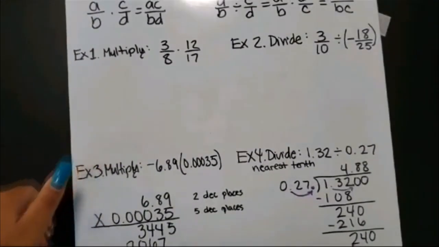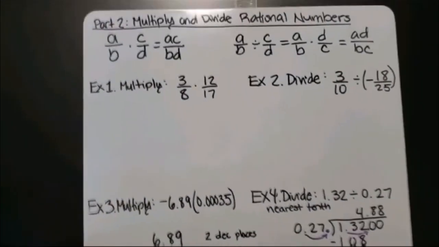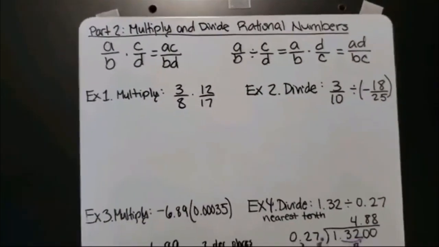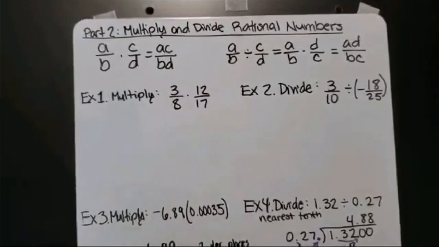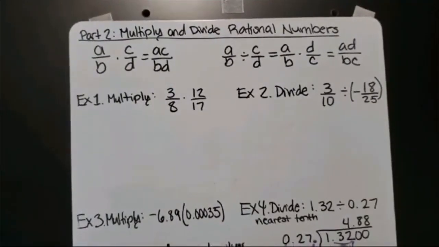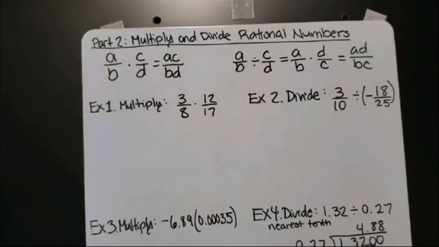With part 2, we are multiplying and dividing rational numbers. All right. So we're going to start with how you would do that. So if we're talking about fractions, to multiply two fractions is super easy.